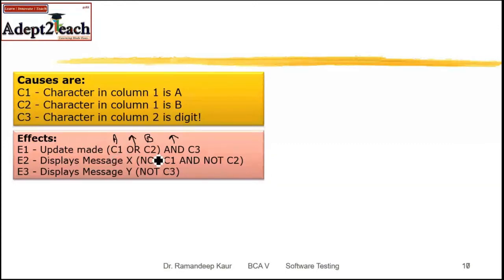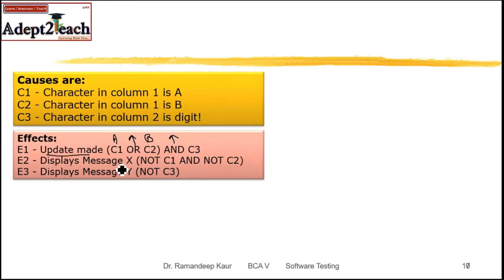So one condition from C1 or C2 will be true. And C3 should be true, that means the character in the second column is a digit. So I have put an AND operator and C3. If this condition holds, then the update is made. So I have tried to write within the brackets whatever are the possible conditions based on which this update will be made or this effect will hold.